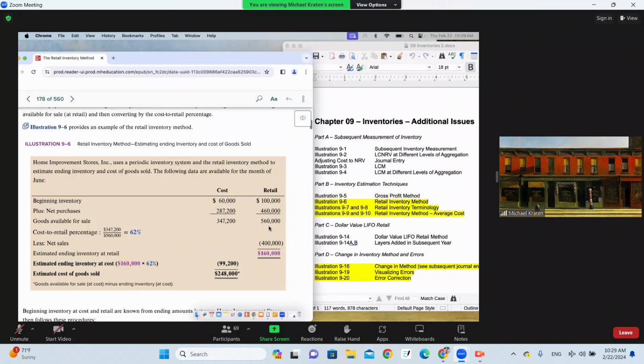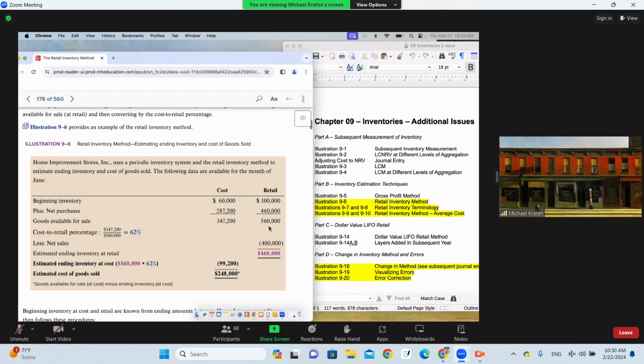There are two different columns here, though. One is the cost column, which is what you spent to buy the inventory to begin with, at your cost. Then they have retail value, that is what the customer will spend for the goods if and when they buy your goods.